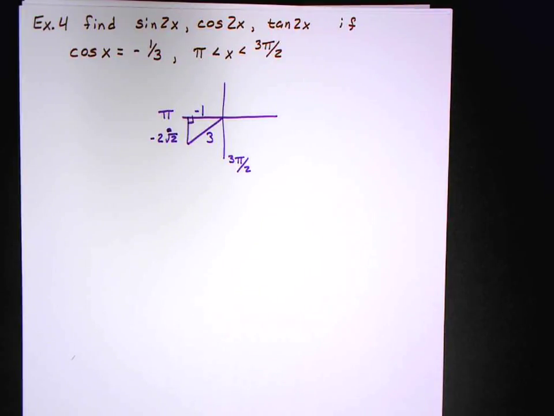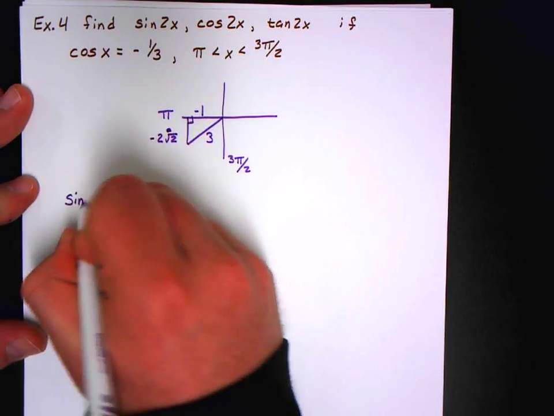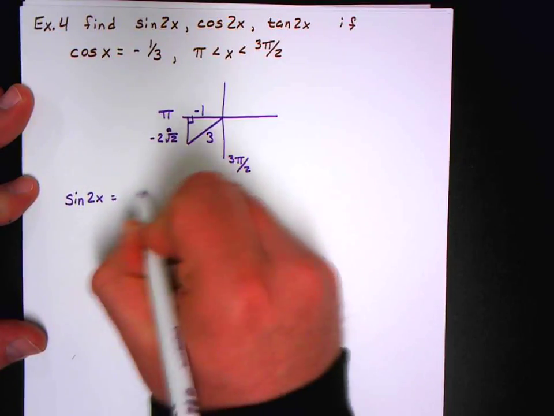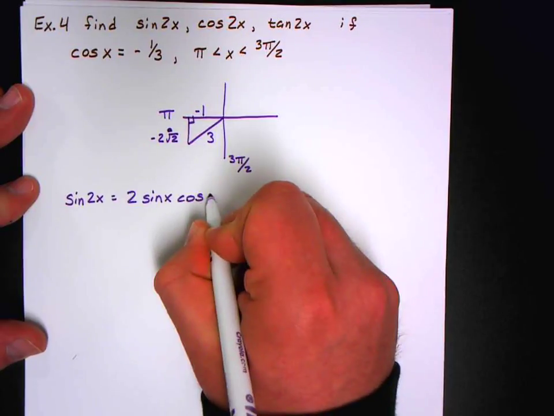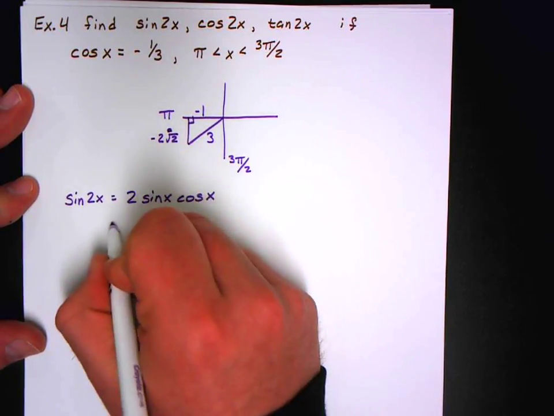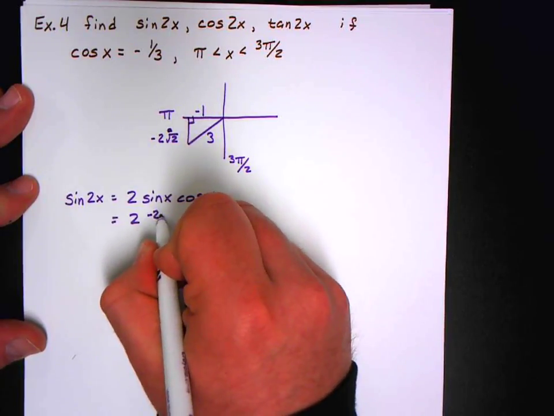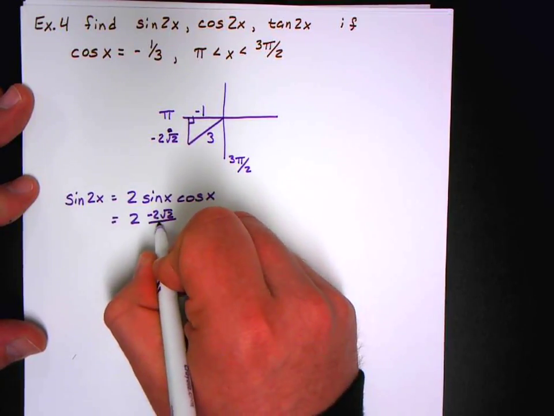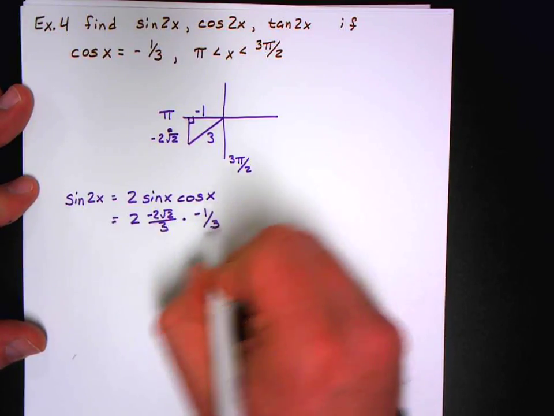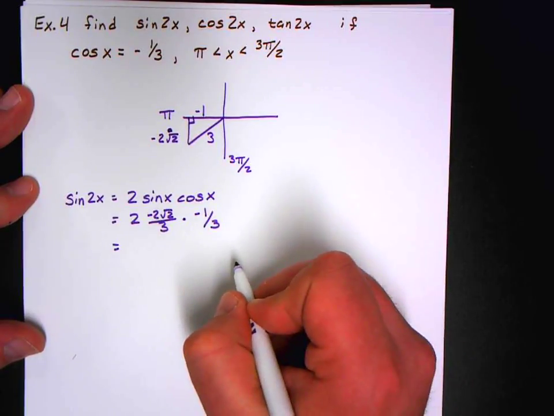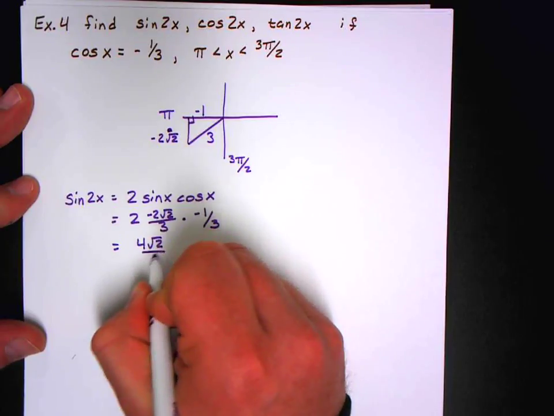Okay, so sine of 2x. Just pretty much do these problems the exact same way. Okay, so sine is going to be negative 2 radical 2 over 3 times negative 1/3. So that's going to be 4 radical 2 over 9.